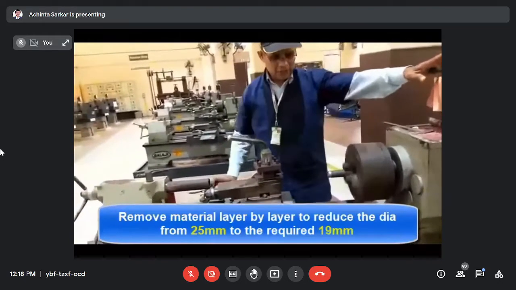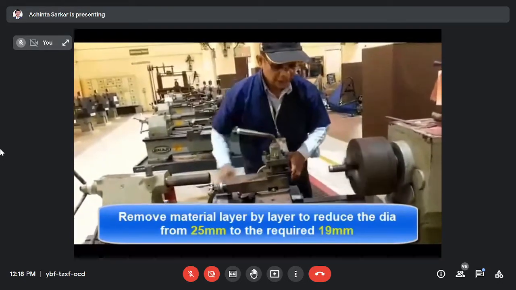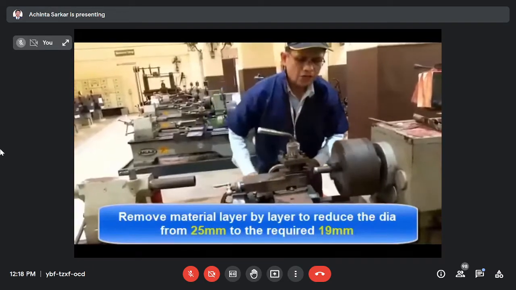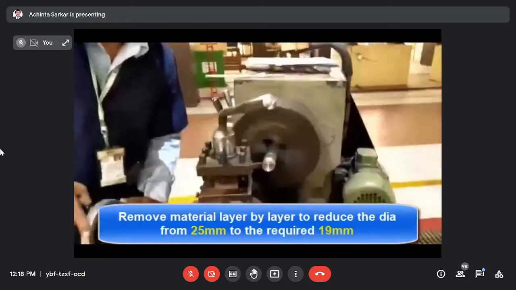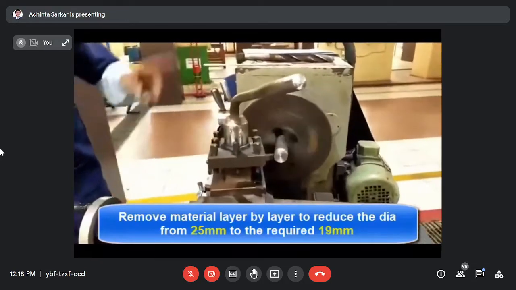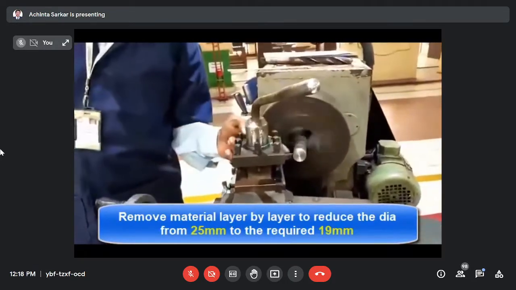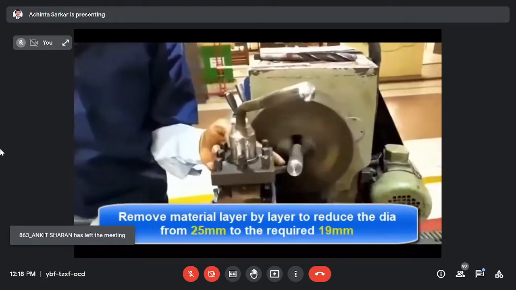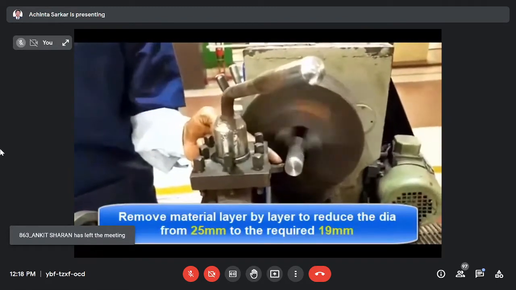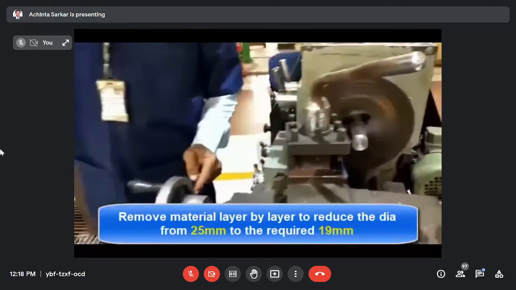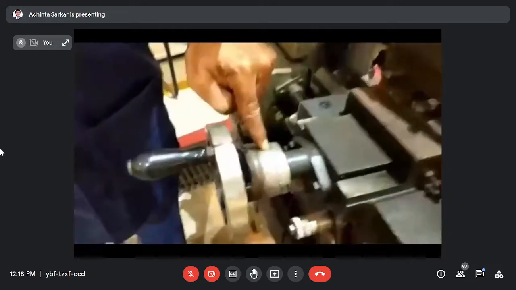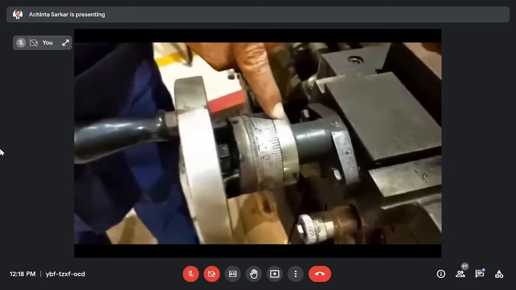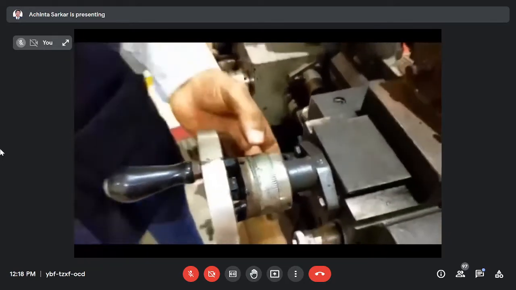Now switch on the machine and just touch the cutting point to the diameter of the workpiece. When the cutting point touches the outer surface of the workpiece, at that time you have to observe the cross-slide wheel. It has divisions, and there is a fixed marking.